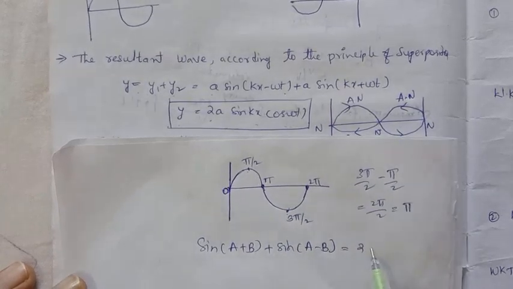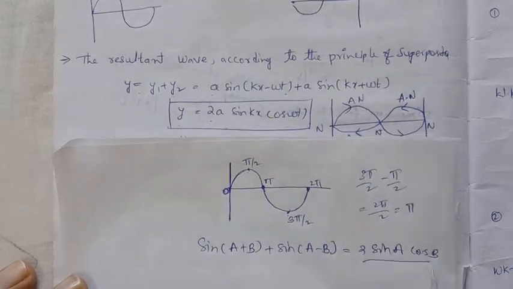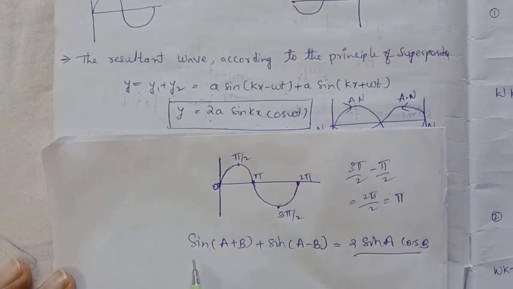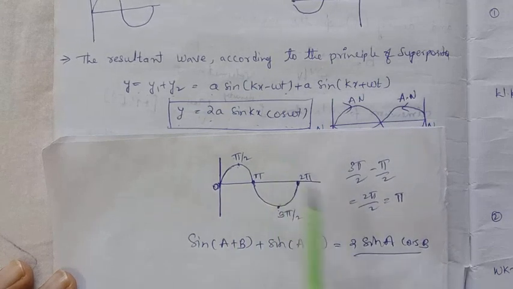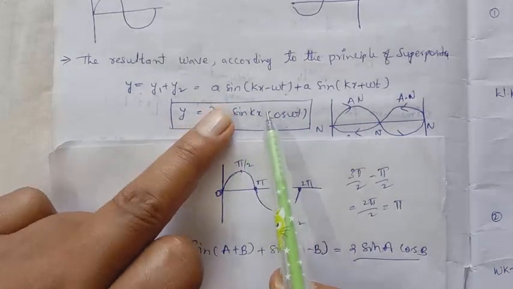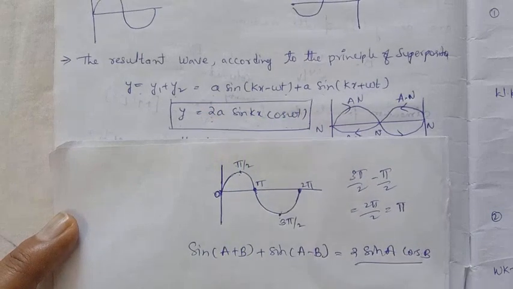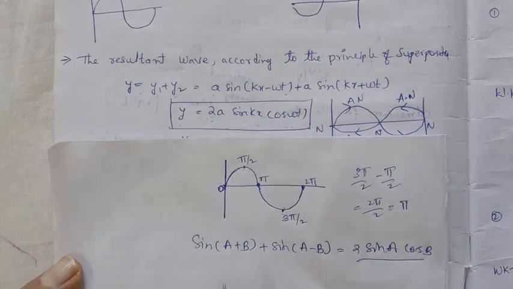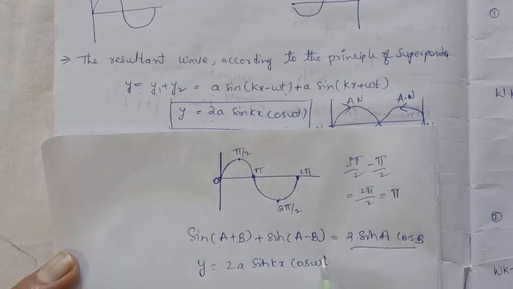Its expression is equal to 2 sin A cos B. You have to remember this formula: sin(A plus B) plus sin(A minus B) is equal to 2 sin A cos B. The same rule you have to apply here, taking the common term as kx. So what expression are we getting here? y equal to 2a sin kx cos omega t.